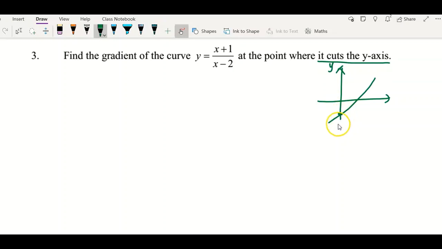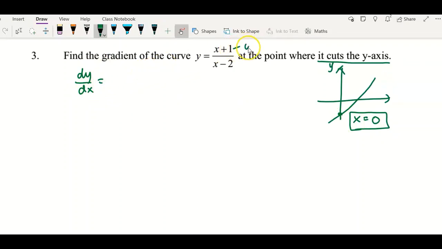For a y-intercept, the x coordinate equals 0. This is for sure. It didn't give you the value of x directly, but it says that it cuts the y-axis, so you need to interpret by yourself that x equals 0. Now get your dy/dx first.